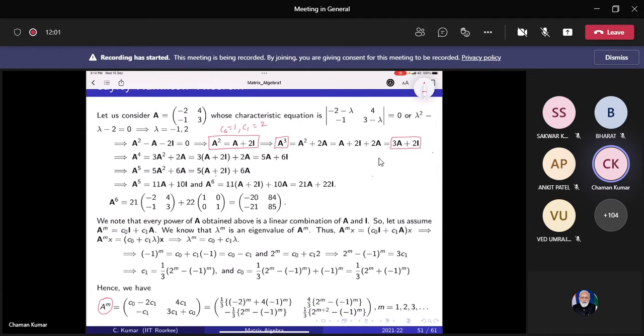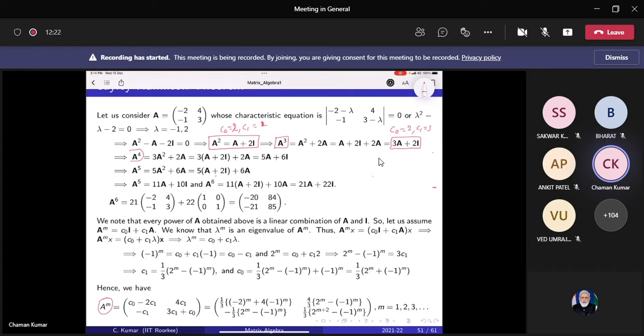And in that case, C naught is 2 and C1 is 3.